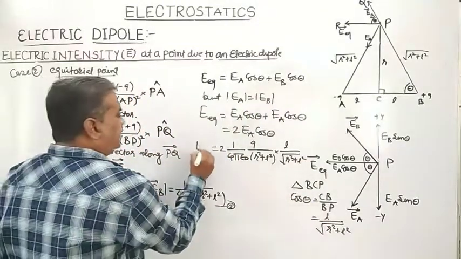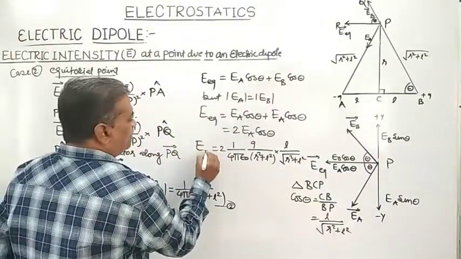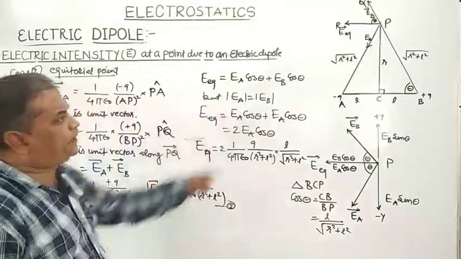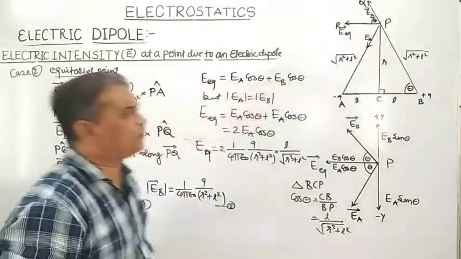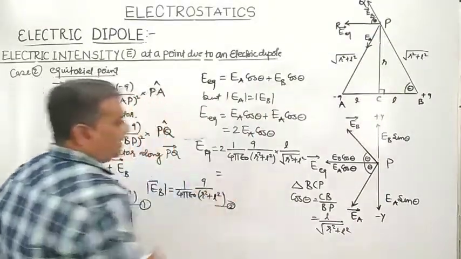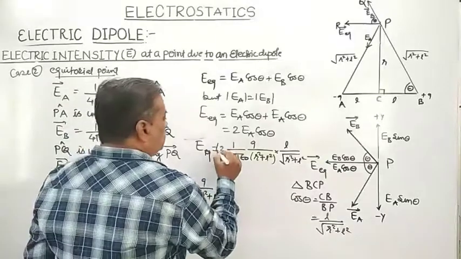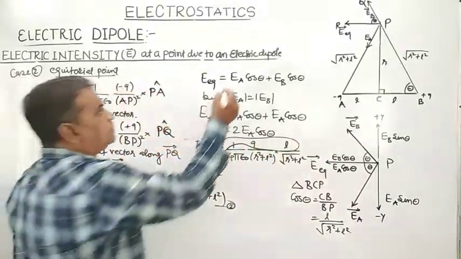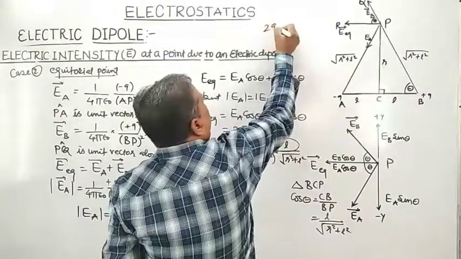So the electric field intensity at any point P along the equator due to an electric dipole can be written as, see here, 2Q into L. What is this 2Q into L?